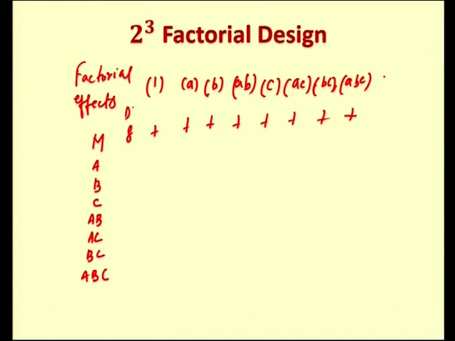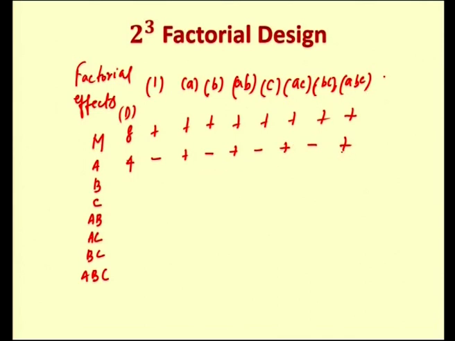So, this is actually the divisor that should be accommodated in the last column, and for factor A we have the divisor as 4. This is based on the number of positive signs. So, we have minus, plus, minus, plus, minus, plus, minus, plus.